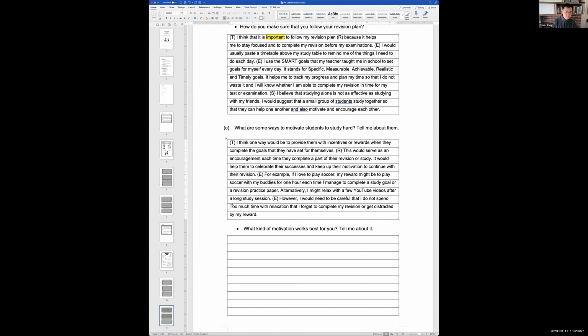So this is my elaboration and explanation linked to my example. My example is reward. Reward is good. But then my explanation is, oh, but wait a minute, be very careful because rewards can also be distractions. So I need to be very, very careful. So my suggestion, perhaps I can get my parents to monitor my rewards, so that I do not overdo it. I do not overindulge in that reward.